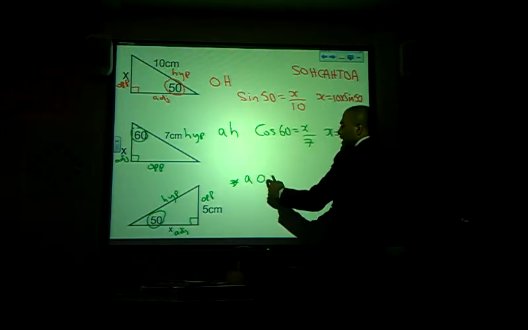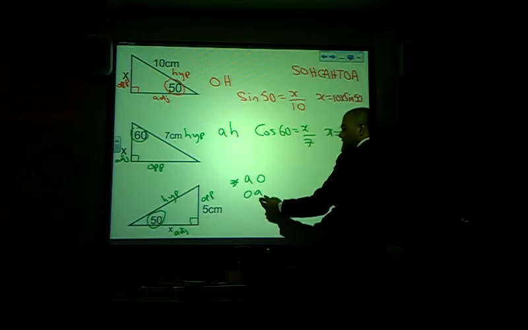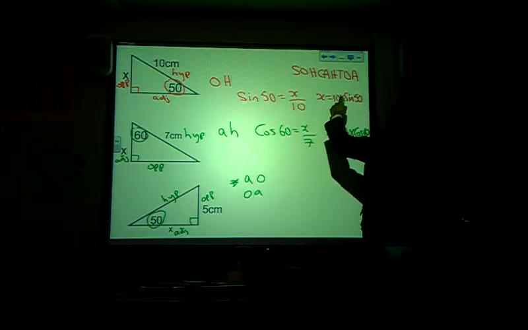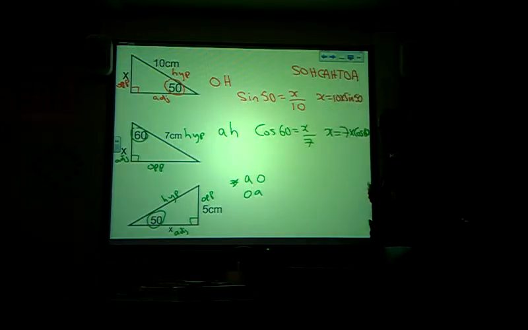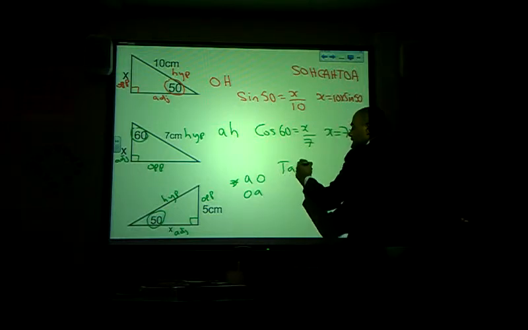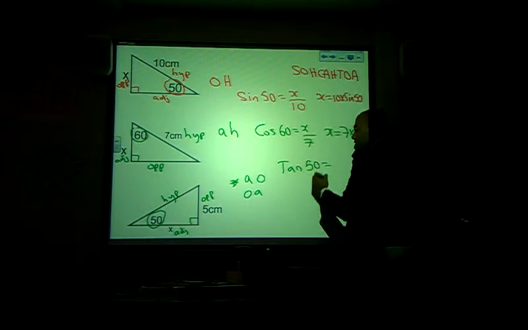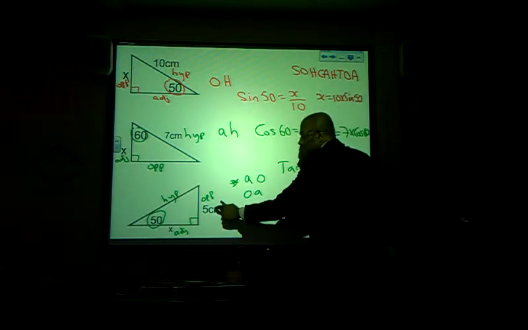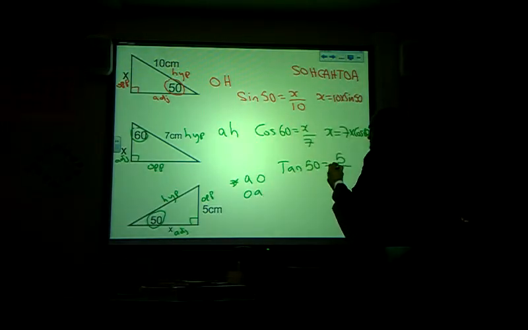So A and O, or I could write that as O and A, doesn't matter. Do I have that coming somewhere? Yes, I've got it coming with T, which is the tan. So the tan of 50 is equal to the opposite, 5, over the adjacent, which is x.